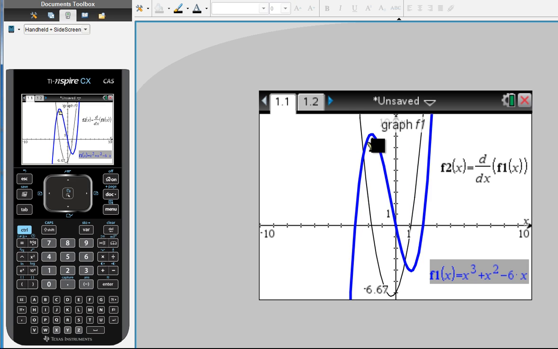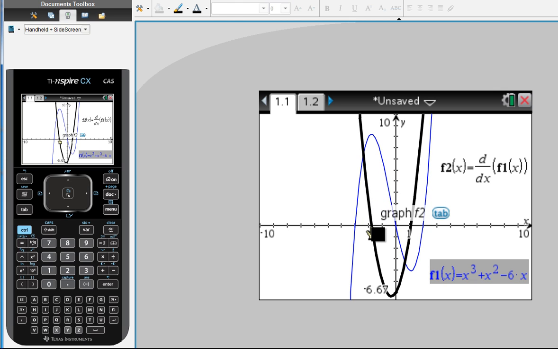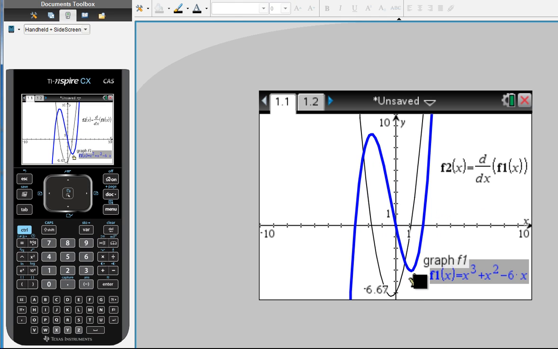Okay, so the blue one is the actual function. Here the derivative should be 0. Let's go down here. At this x value, we can see that the black graph is here on the x-axis, so the derivative is 0. Also here the derivative should be 0 because we're at the minimum of the function.